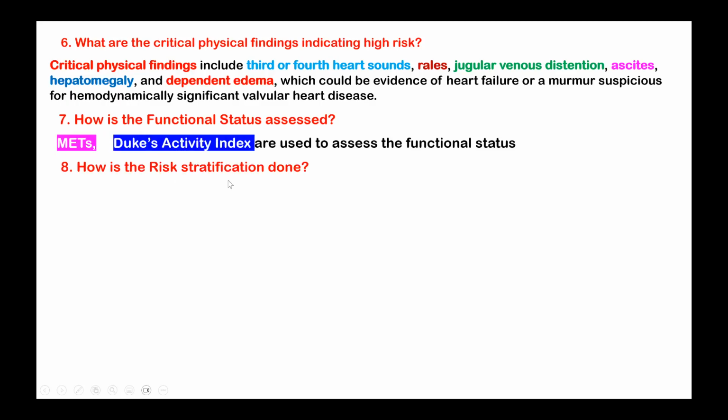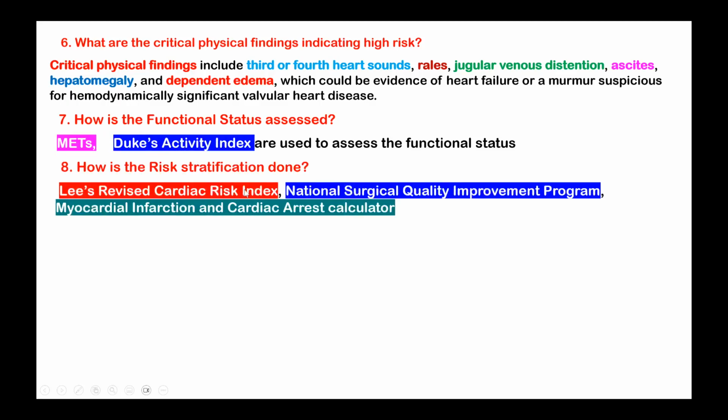Then how is the risk stratification done? That can be commonly done by Lee's Revised Cardiac Risk Index. And there is also another, the National Surgical Quality Improvement Program Myocardial Infarction or Cardiac Arrest calculator, which is used nowadays to assess the risk stratification.